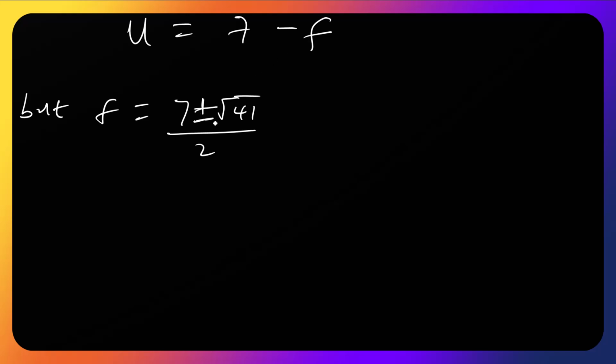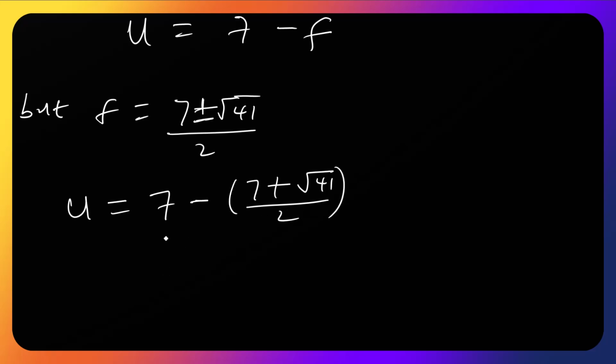Okay, f is that. So let's do subtraction. So the first answer for f, so 7 minus, so we have 7 plus square root of 41 on 2. So that would be u. You can decide the one.